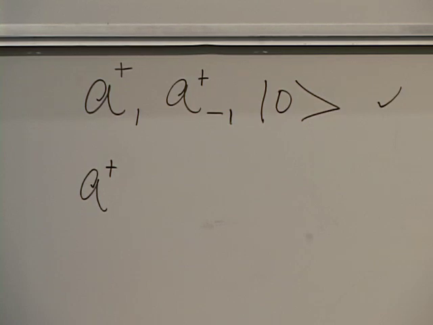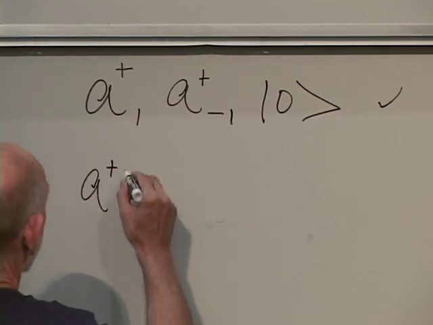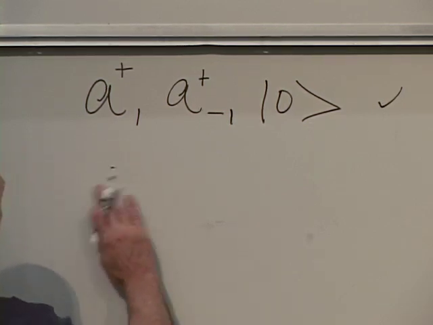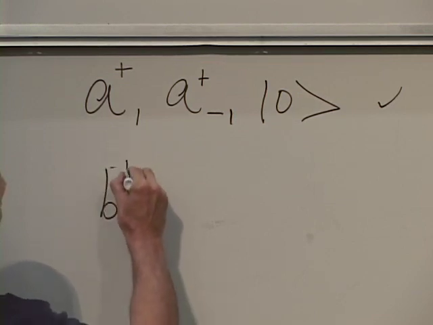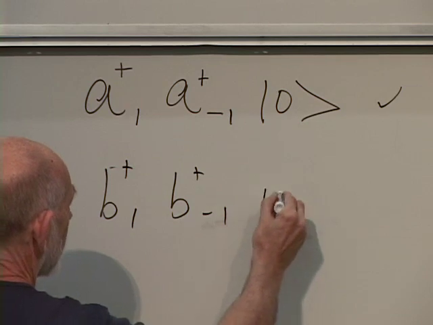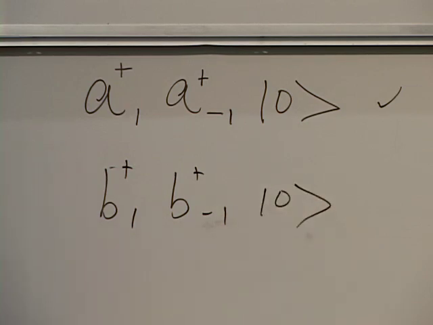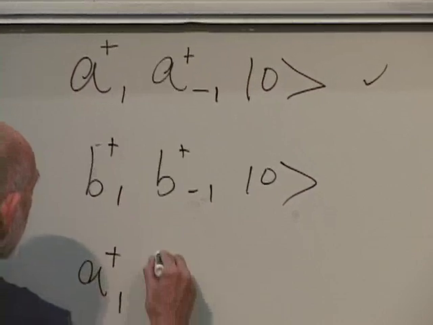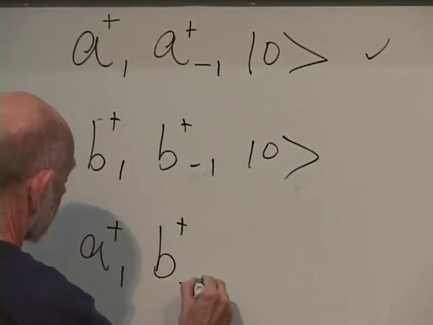Next we have B plus 1, B plus minus 1. Same thing, perfectly good state, levels are matched, as much left-moving energy as right-moving energy. And we can have A plus 1, B plus minus 1.